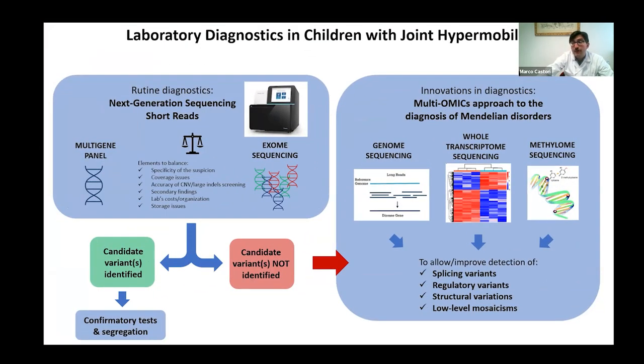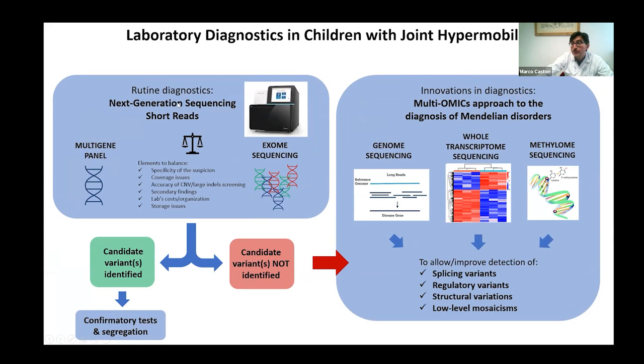In the suspicion of a hereditary soft connective tissue disorder, the first-tier analysis is currently next-generation sequencing, aimed at verifying the presence of candidate variants in all genes of interest at the same time. At present, next-generation diagnosis is carried out by applying short-read technology to multi-gene panels or exomes, at least in most laboratories.